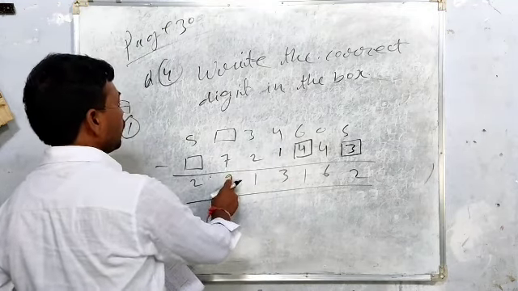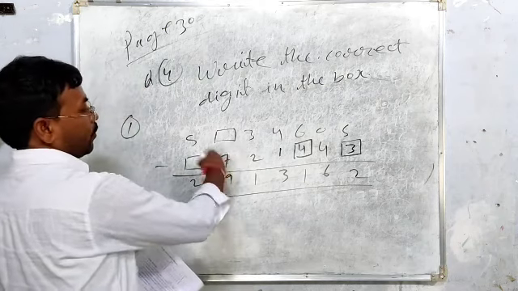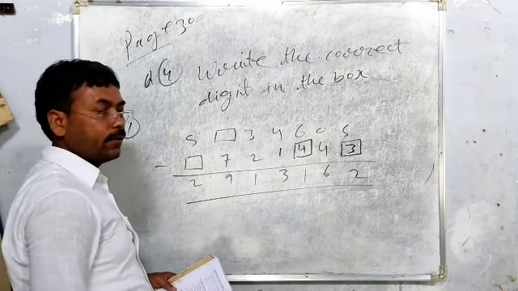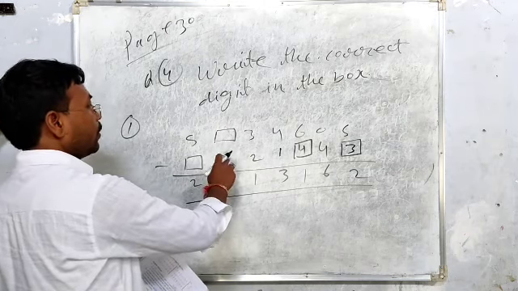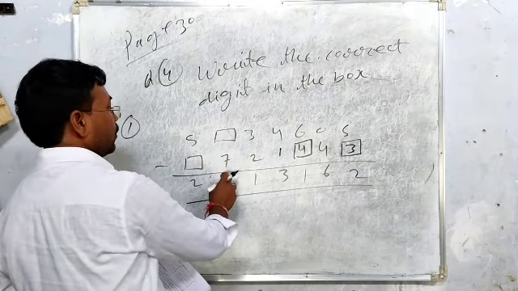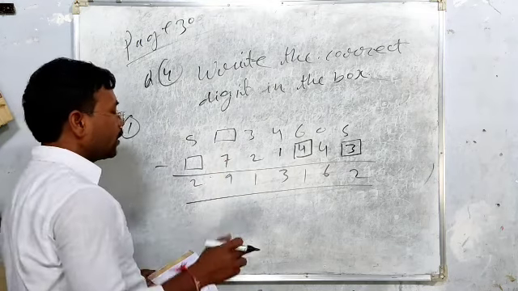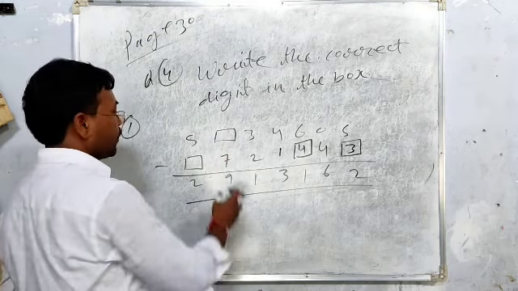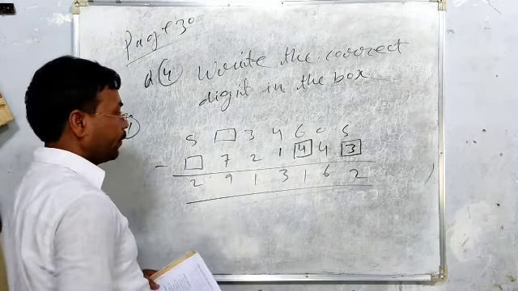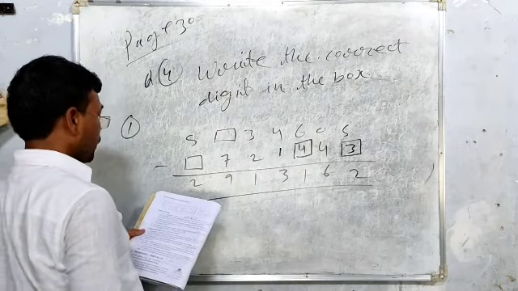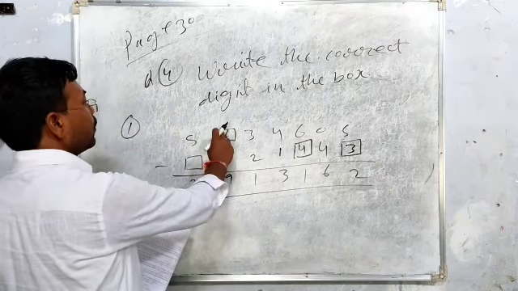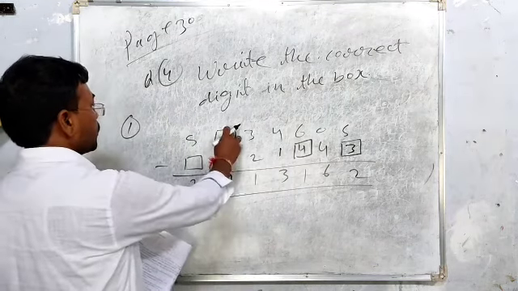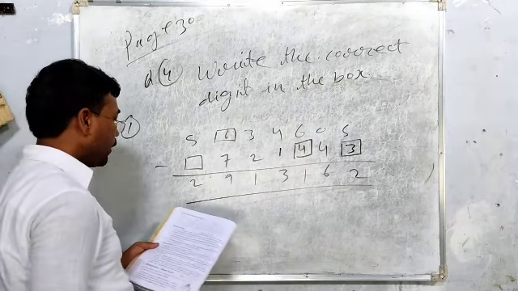Correct? Then here it is asking which number subtracted from 7 becomes 9. That is, we will think from which number we subtract 7 to become 9. So what should be there? Here should be 6. If you take a borrow from here, this becomes 16, and 16 minus 7 will be 9.